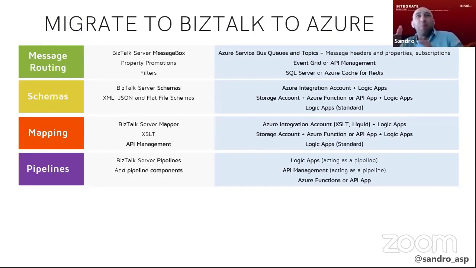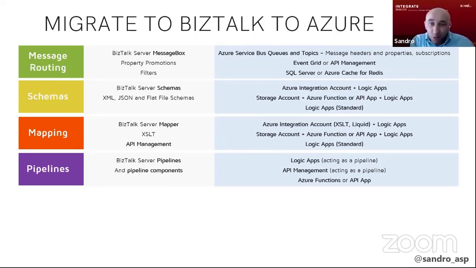If you think about what a pipeline is on Azure, it's more tricky. So we can actually have, for example, a Logic App acting as a pipeline that receives the message, normalizes or standardizes the message, and delivers to another Logic App or another service ahead. No, well, API Management can also act as a pipeline, if you want to, for example, convert the JSON to XML.